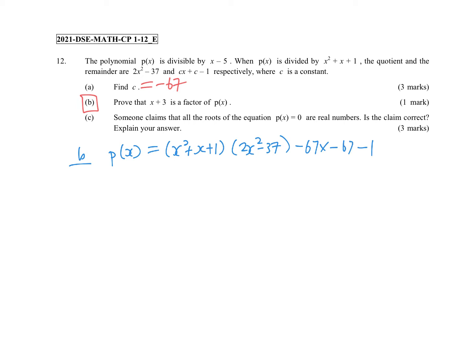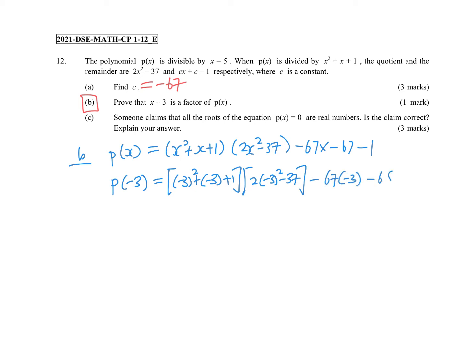And then after that, you can put negative 3 to test whether x plus 3 is a factor. Try to check it out. Now here, we cannot directly write down 0. Otherwise, it seems that we have not done any checking, right?